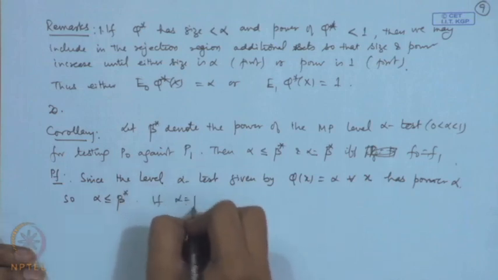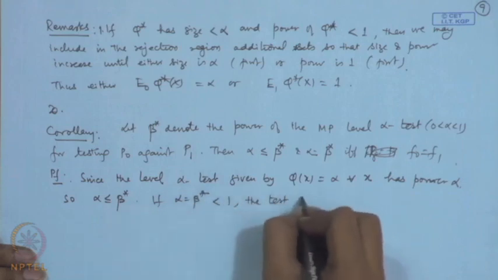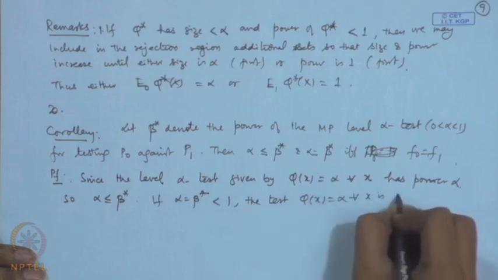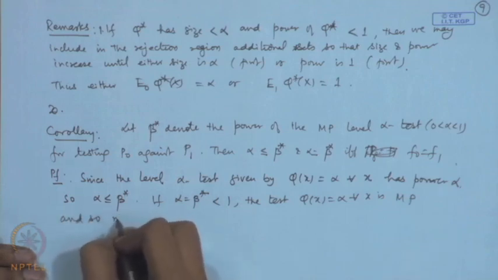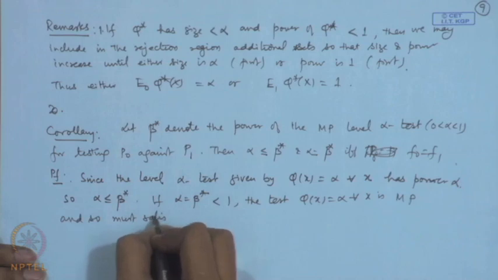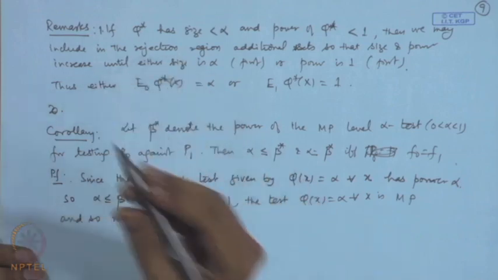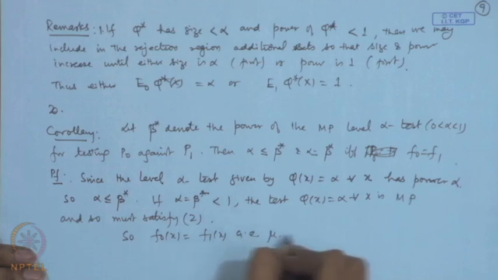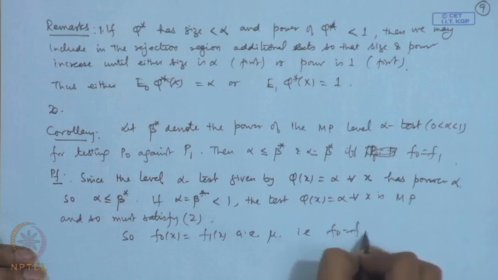If alpha is equal to beta star, that is less than 1, then the test phi x is equal to alpha for all x is most powerful, and so must satisfy 2 because of the necessity converse part of the Neyman Pearson lemma. So, f naught will be equal to f 1 almost everywhere mu, that is the two densities are same.